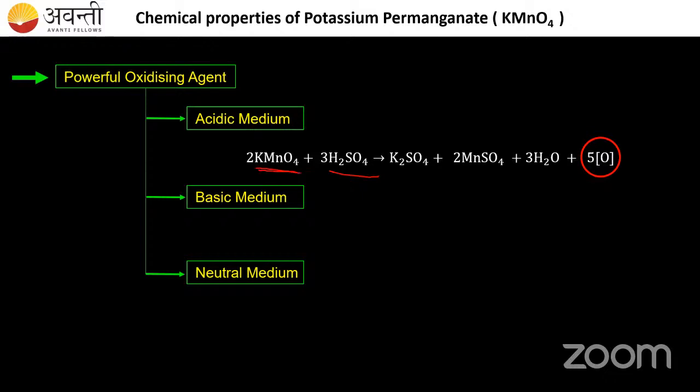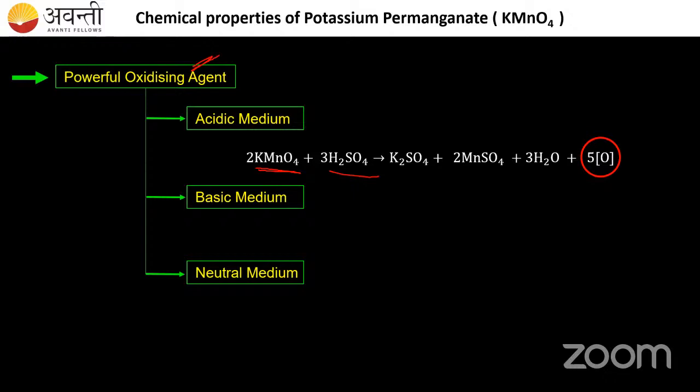Now, what is meant by an oxidizing agent? Can anyone give me the definition for oxidizing agent? In the last class also I told you. What is the definition of oxidizing agent, my dear students?